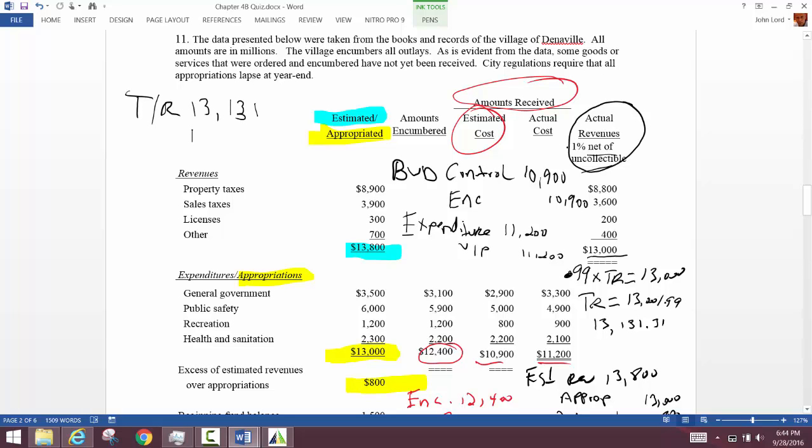But I think I'm only going to collect 13,000 of that, right? So I only credit the revenue for how much? 13,000. And I'm going to have the allowance here for this amount that I think I'm not going to collect, which is this 131, I guess.